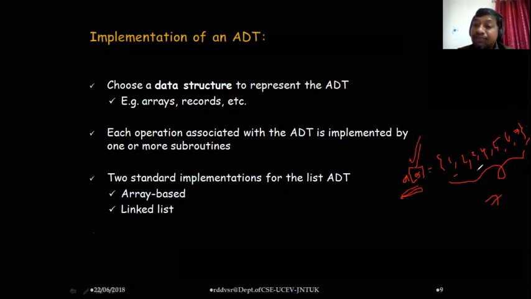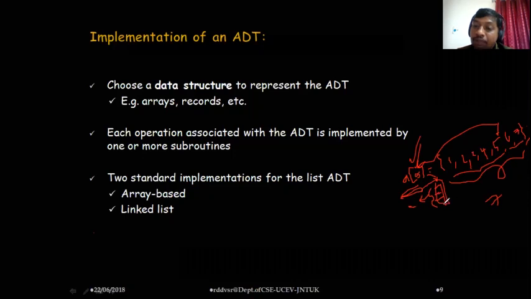It will take the first few elements. The first 5 elements will be inserted into this array. The remaining 2 elements will be inserted after that, in the next 2 locations. But the problem with this is these 2 locations are untraceable. We cannot trace them. Why? Because we don't have their base address.